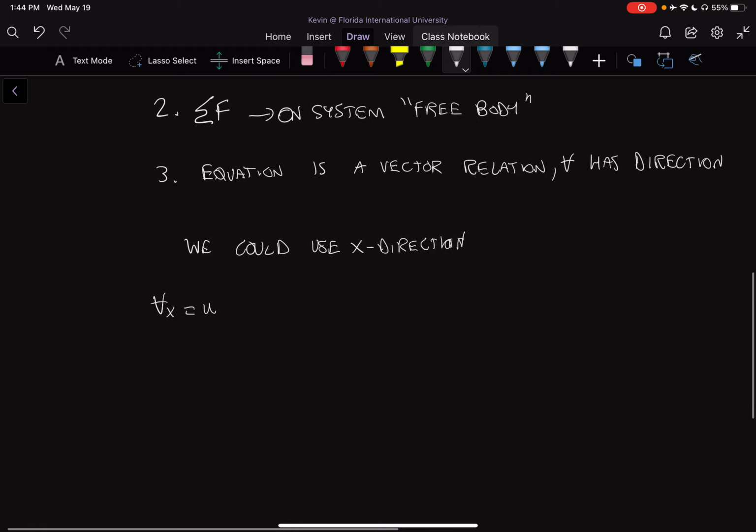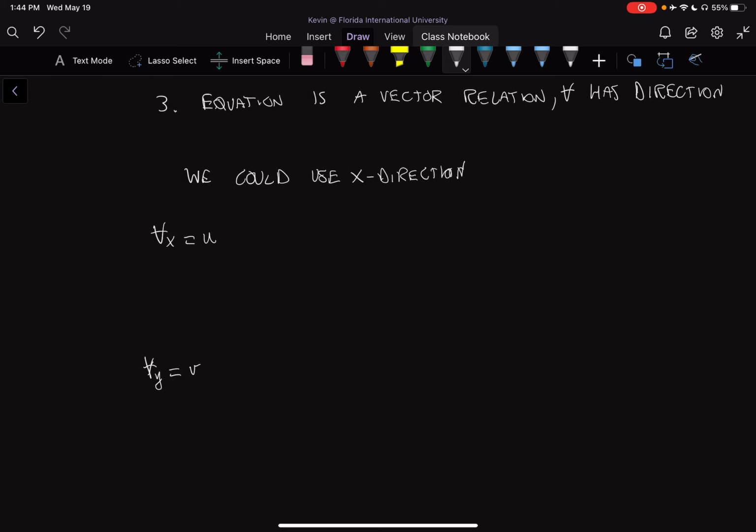If we were to use the y direction, Vy is equal to little v, and the velocity in the z direction, Vz, would be equal to a little w. That's just the convention used in fluid mechanics.